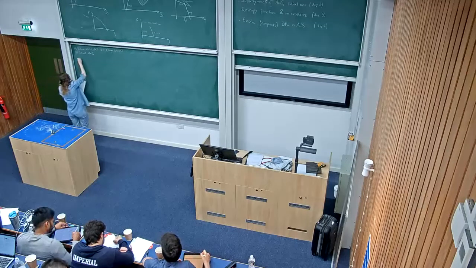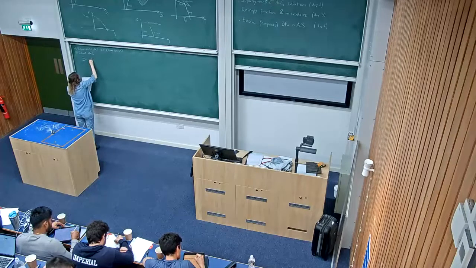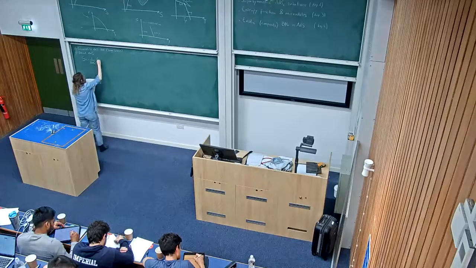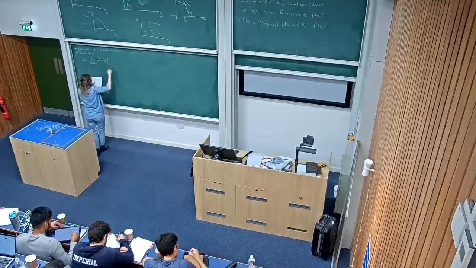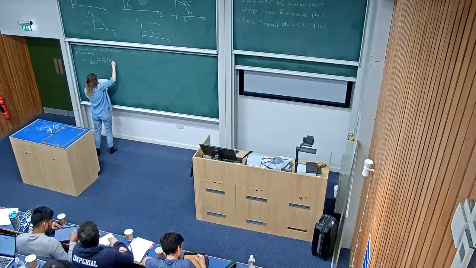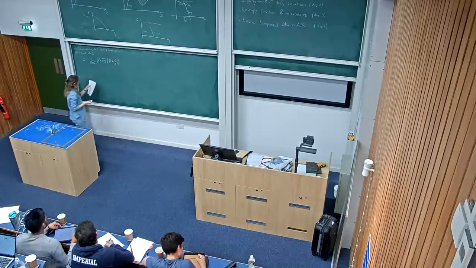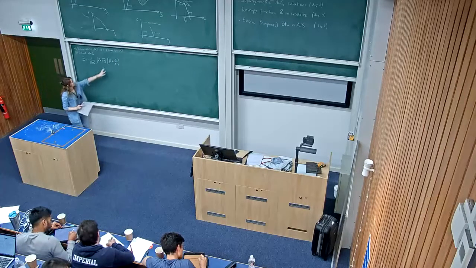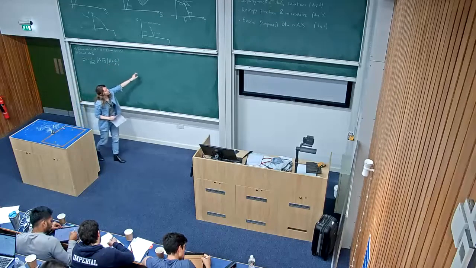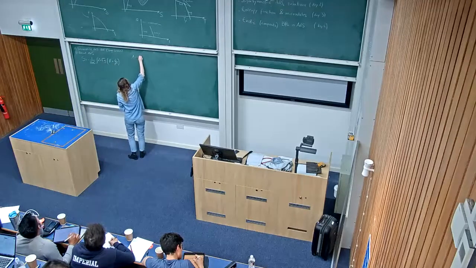So we first consider the action for these two. This is just Einstein-Hilbert plus the cosmological constant. I erased it, but the cosmological constant was lambda equals minus 3 over L squared.